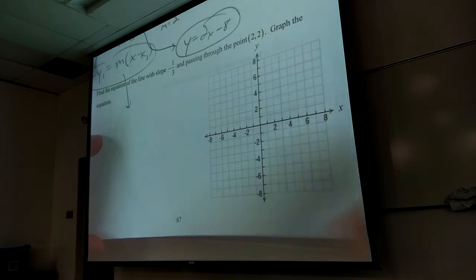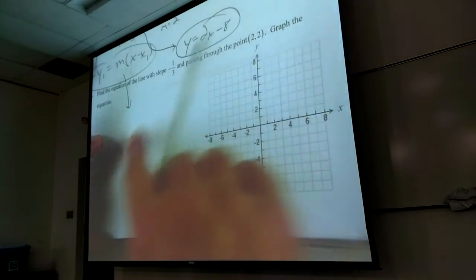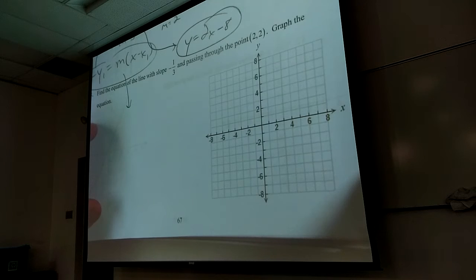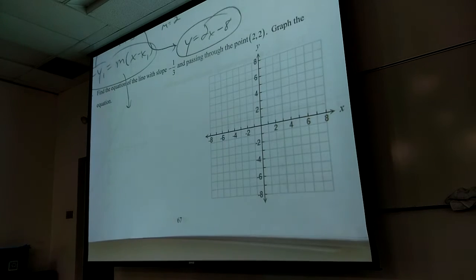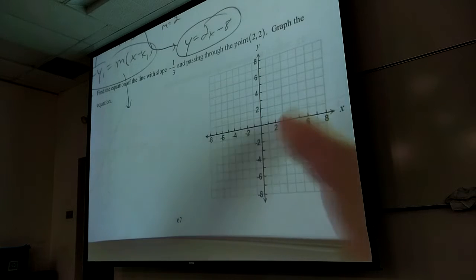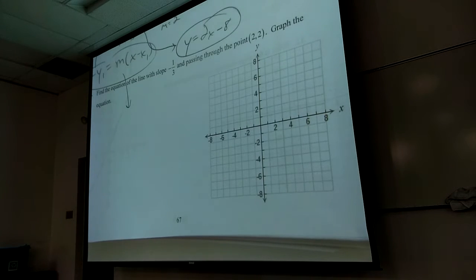I want you to realize you can actually graph the equation before you know what the equation is. Right? You've got enough information. So if I were you, I would graph it first, so the equation doesn't get me confused. What's up? I'm just confused by this.